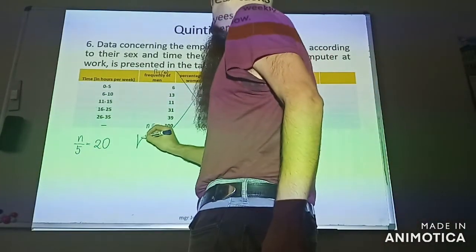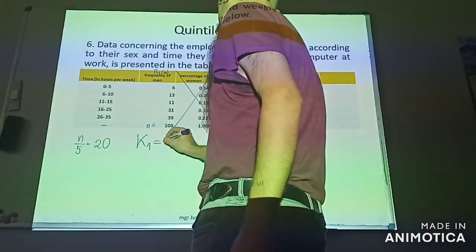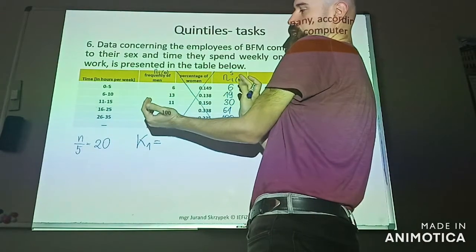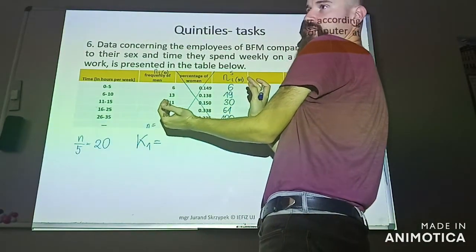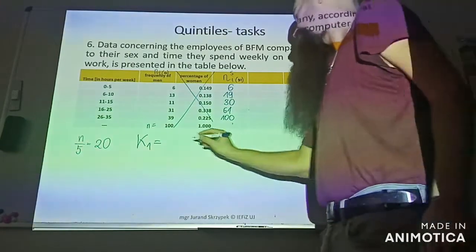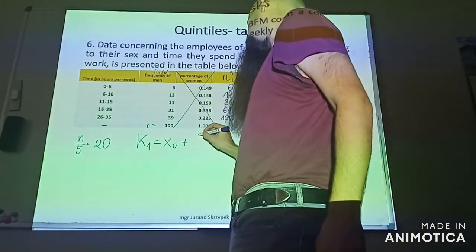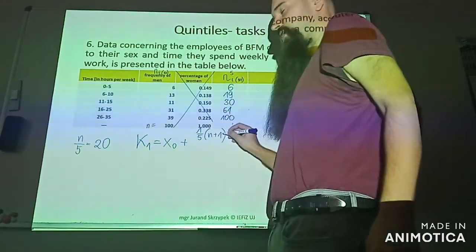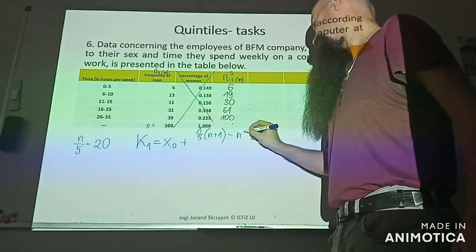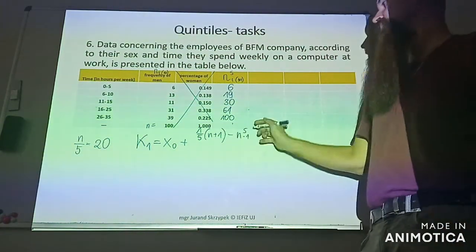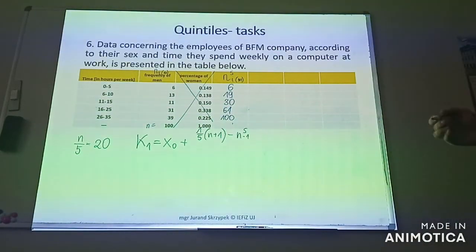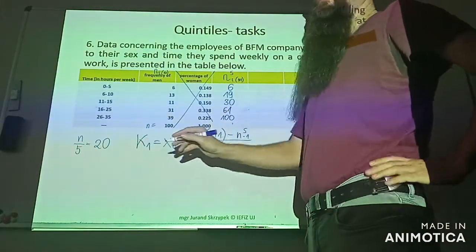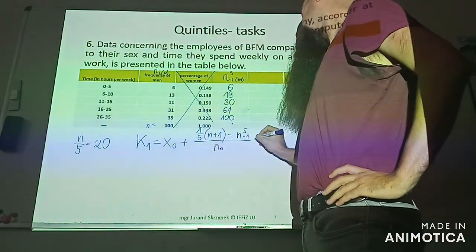And we want to find the first quintile, which indicates the group of 20% of men who spend the least time in the front of the computer. x0 plus 1/5 (n plus 1), population size raised by 1, minus n_s minus 1. You know, the cumulative frequency from the previous class that precedes the class of the first quintile, n0 and c0.